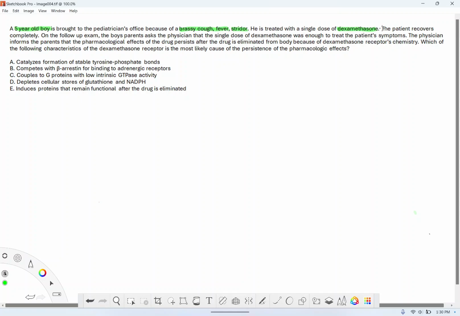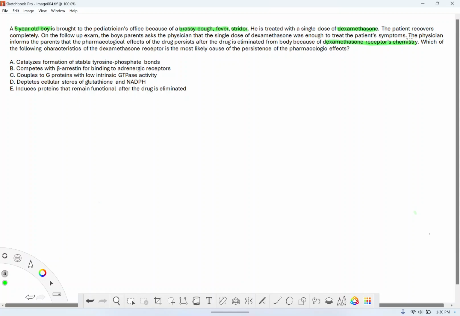The physician informs the parents that the pharmacological effect of the drug persists after the drug is eliminated from the body because of dexamethasone receptor chemistry. So something to do with the dexamethasone receptor chemistry.